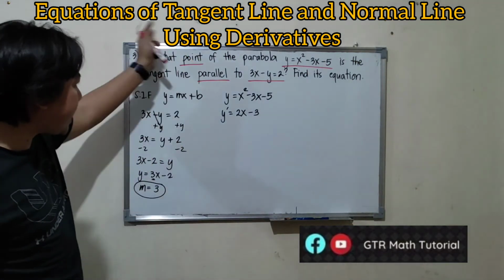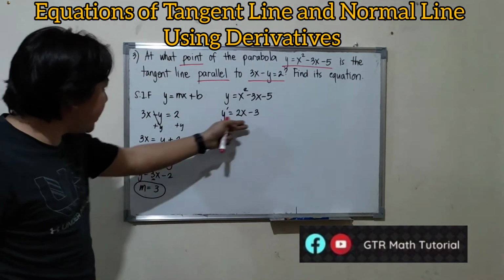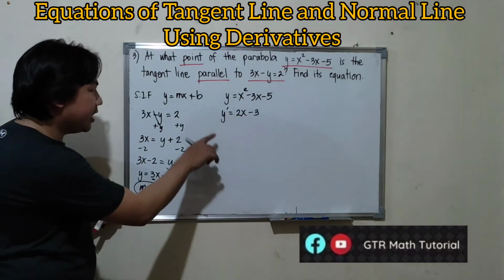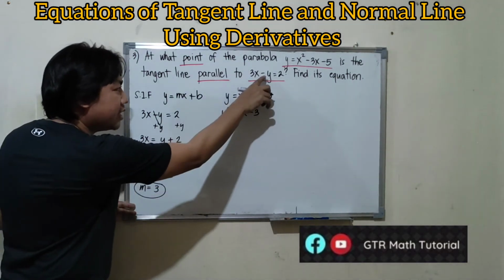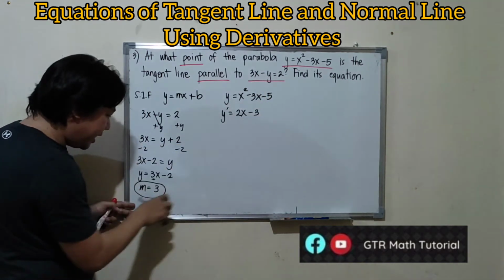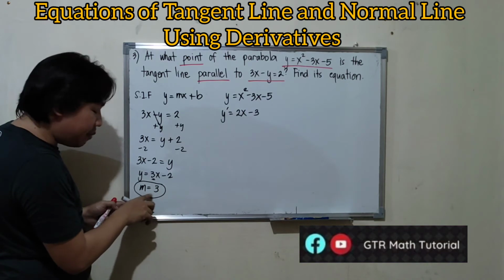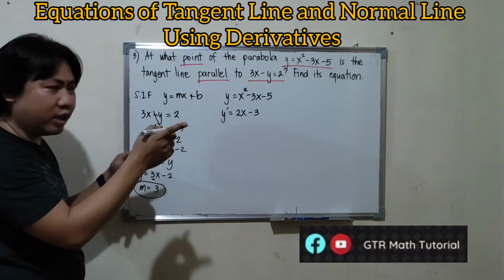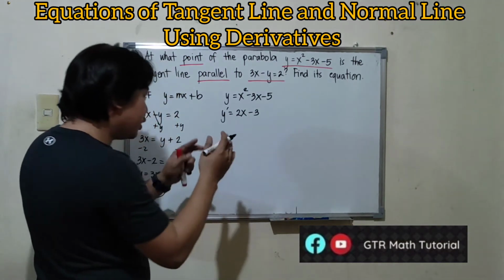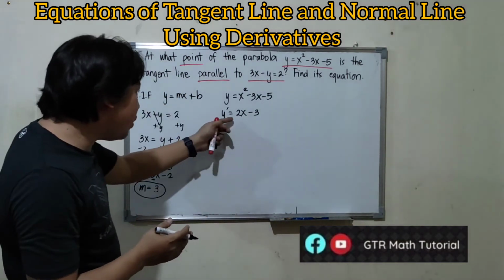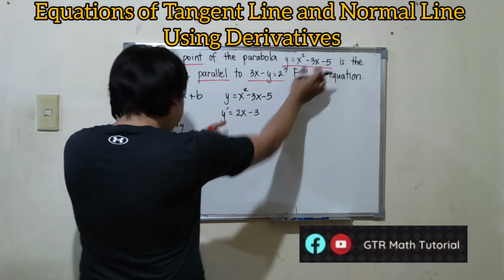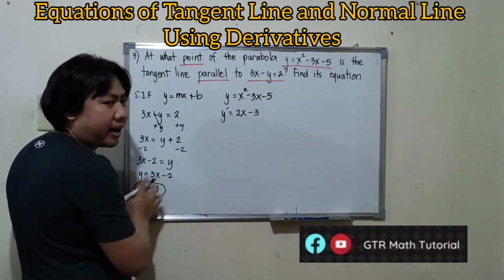Okay, since wala tayong point dito, so equate natin ang slope ng tangent line ay equal din sa slope nito. Okay? So therefore, equate 2x minus 3 and m equals 3. Dahil same nga sila ng slope. Okay? So the slope of the tangent line to this curve is also 3 because they are parallel.